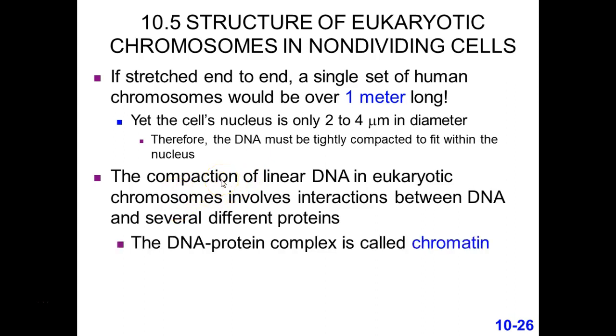So that whole DNA protein complex is referred to as chromatin. Right? So the actual name for our DNA, when it's complexed with the proteins, which pretty much is always like that, is referred to as chromatin. Each individual one is a chromosome, right?